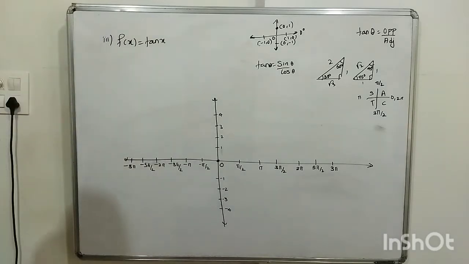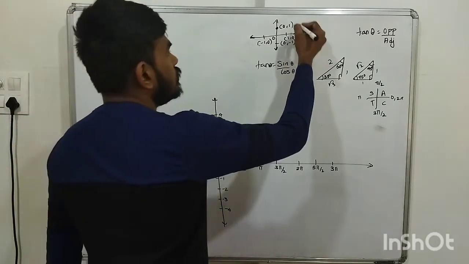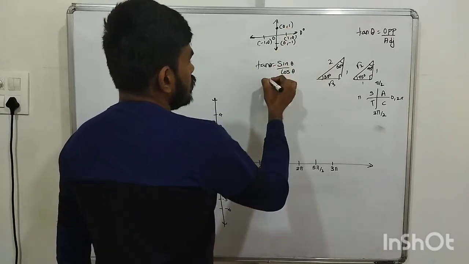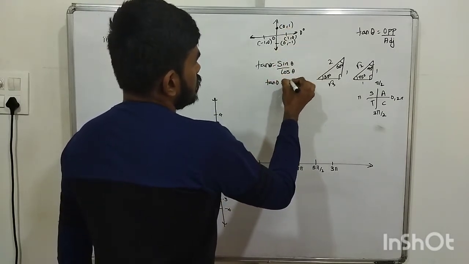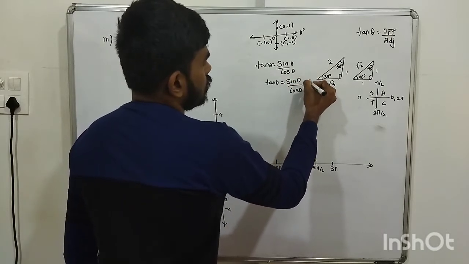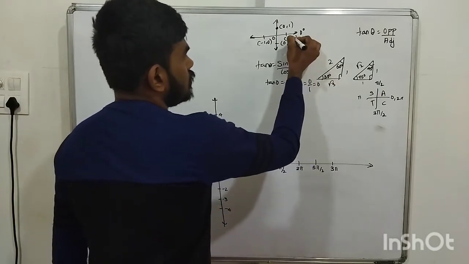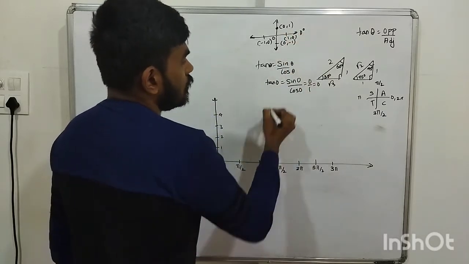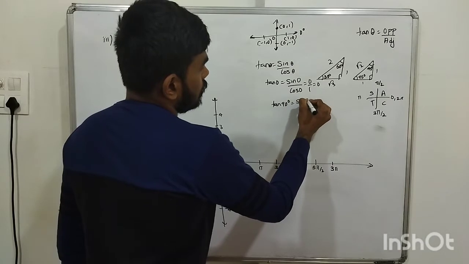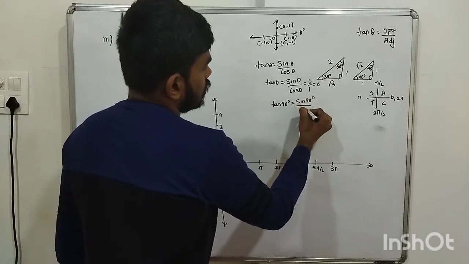Now tan 90 is what? Tan 90 is sine upon cos. So 1 upon 0. See, sine 0 is this, cos 0 is this, 0 upon 1, 0. Now tan 90 degree is what? Sine 90 upon cos 90.